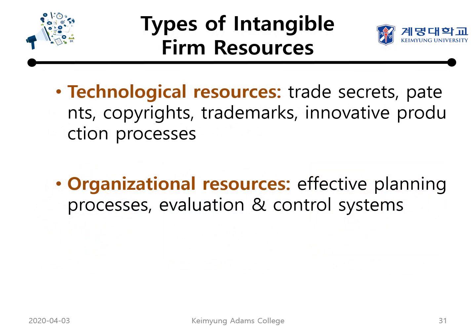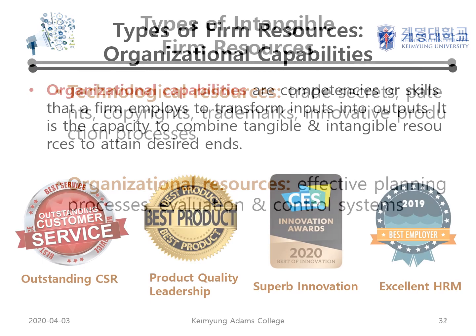An example of intangible resources in terms of technology is, as I mentioned, trade secrets, the formula, the process. For organizational resources, it is the effective planning process, the method of evaluation, and the control system.